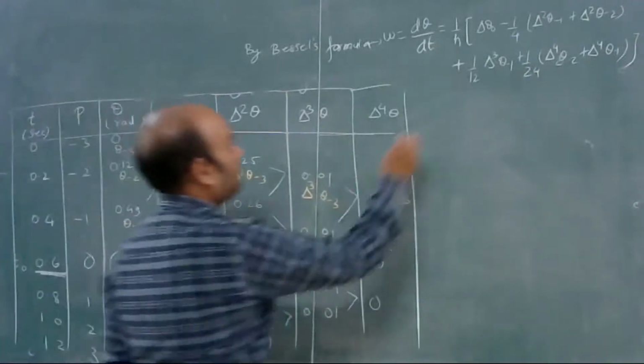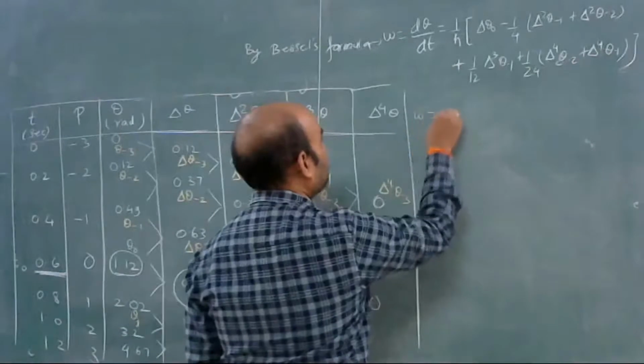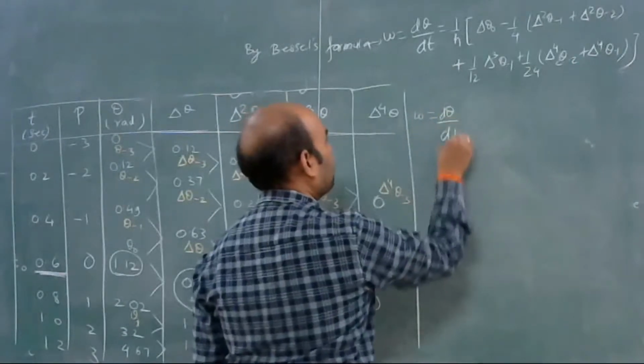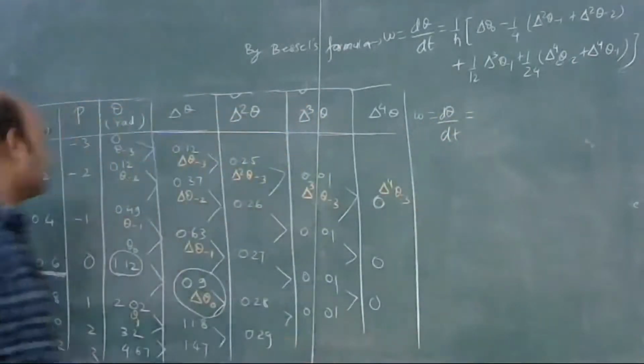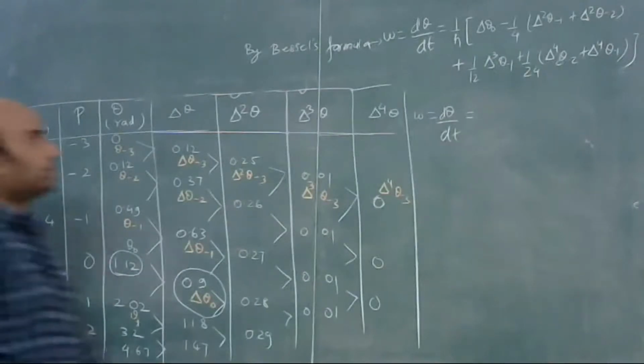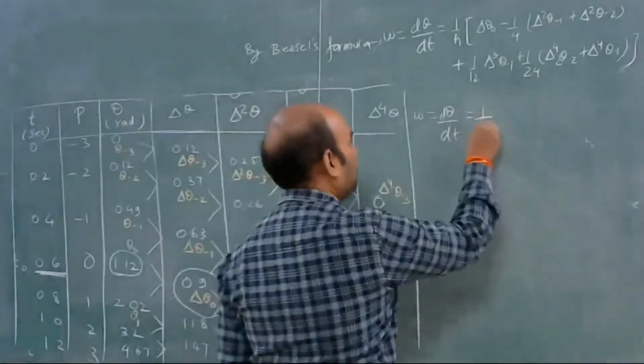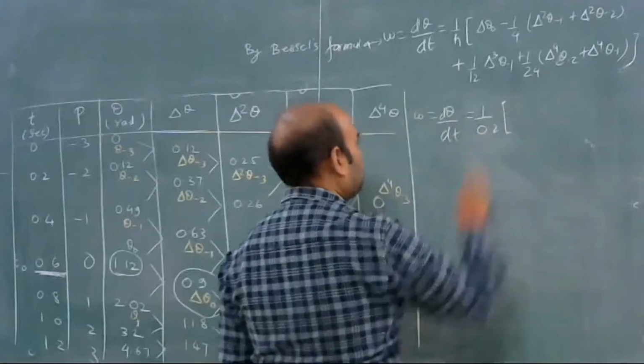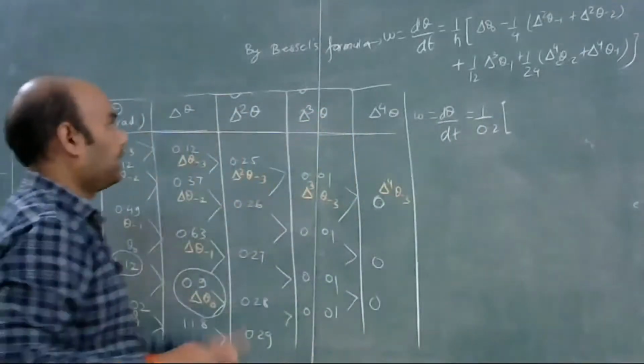So omega is equal to 1 upon h del theta. What is h? The values are 0.4, 0.6, 0.8, 1.0. So h is 0.6 minus 0.4, 0.2. This is divided by 0.2. Del theta naught is 0.9.